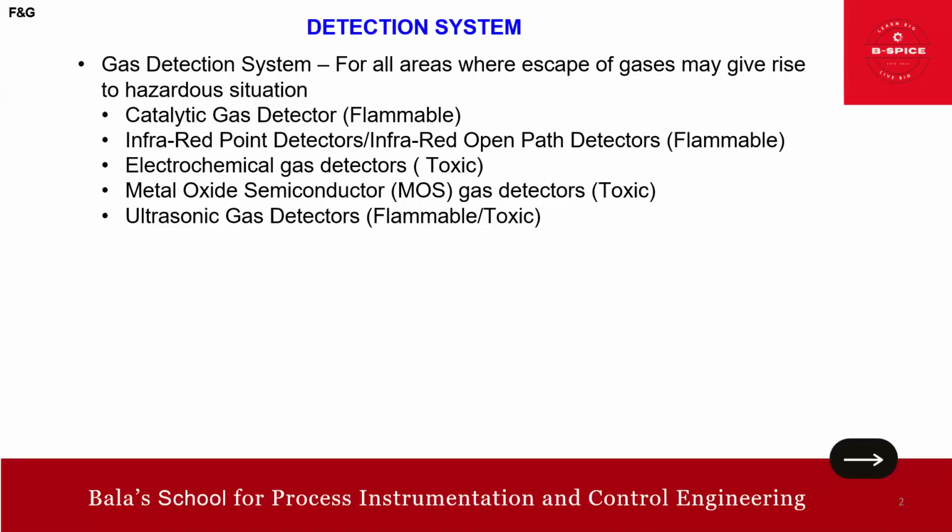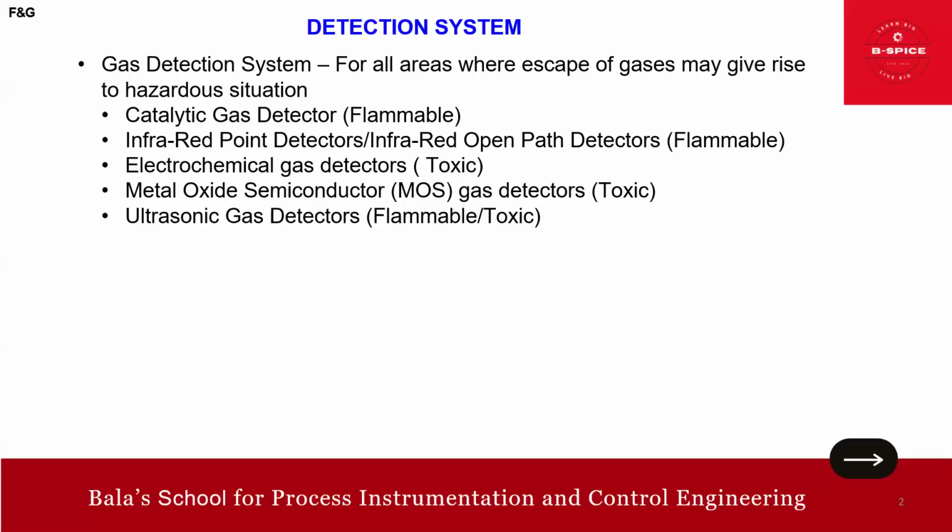Under detection, we have covered smoke detector, wherein the HSSD, ionization, photoelectric, then flame detector, ultraviolet, infrared, infrared 3. Then we talked about heat detector, rate of rise, fixed temperature, and frangible bulb. Then additionally, catalytic gas detector, infrared point and infrared open path, electrochemical gas, metal oxide MOS, and ultrasonic. You got it, friends? Good to go?